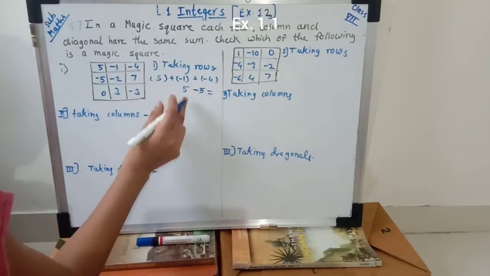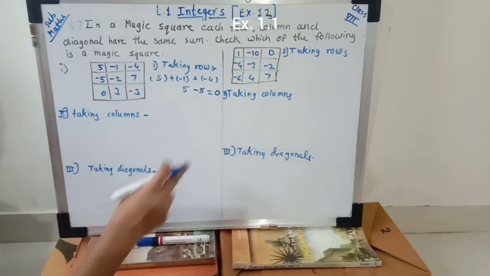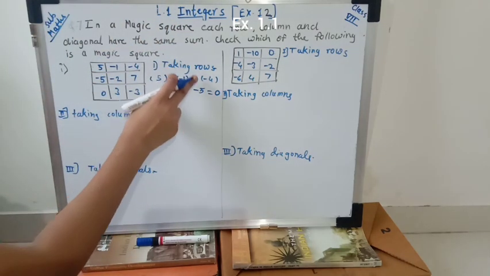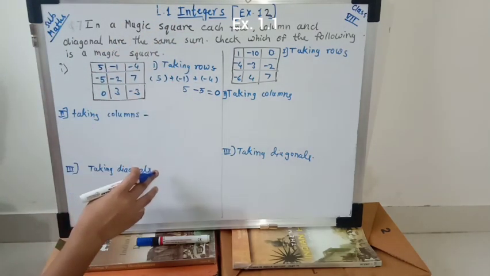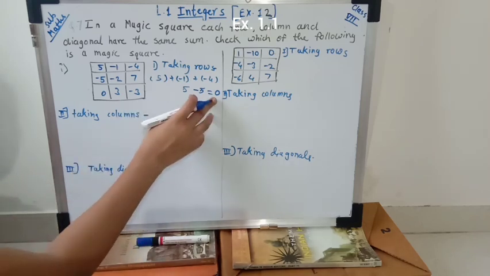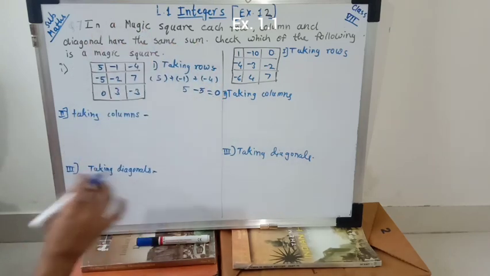Now 5 minus 5 is 0, so we got the answer, that is 0. So each row's addition, each column's addition and each diagonal's addition should be 0. Let's see that we get the value 0 from all the additions.